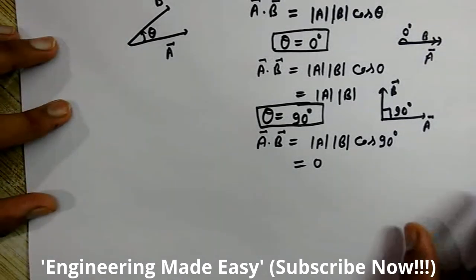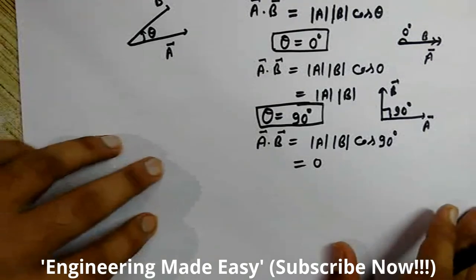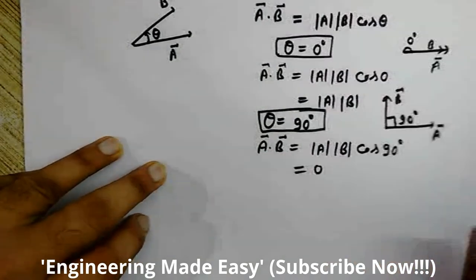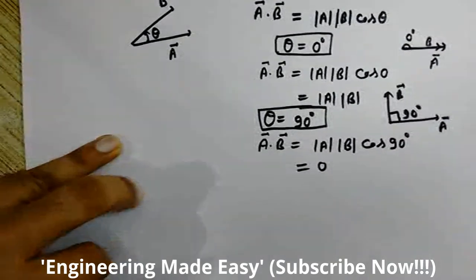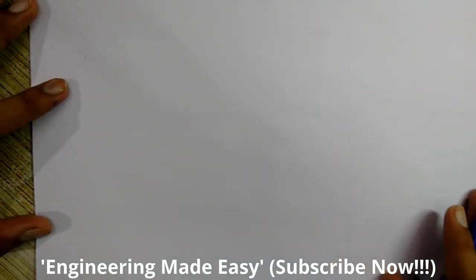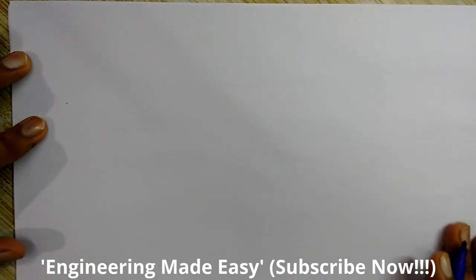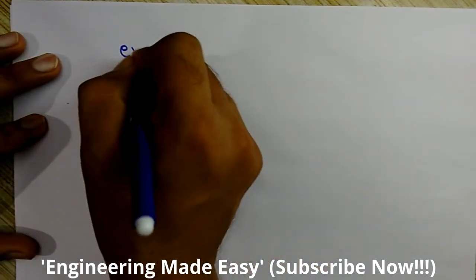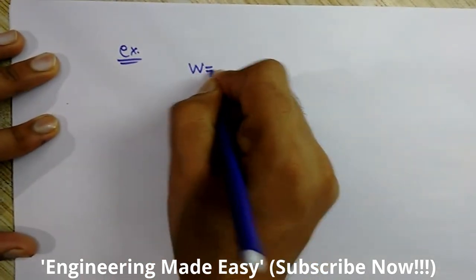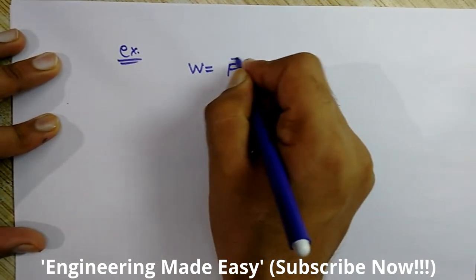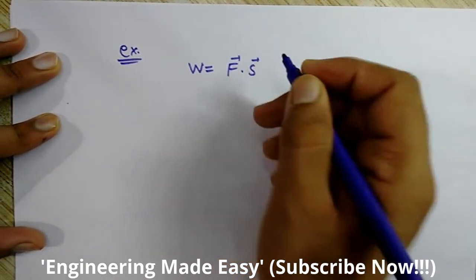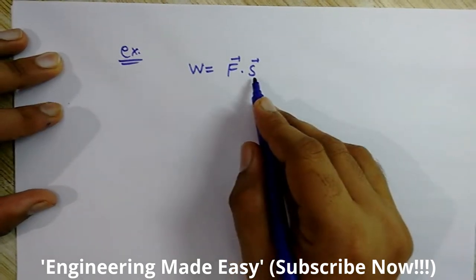So let's take a very good physical example of this dot product. Where is it applicable? We know that the work done, W, is an example. The work done W is equal to F dot S, force into displacement.